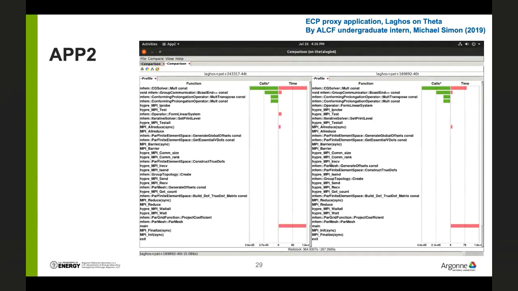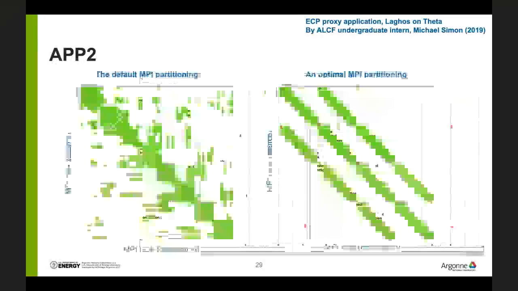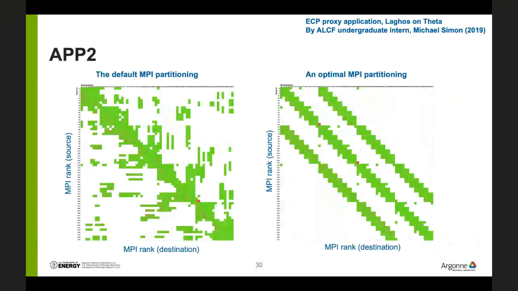So he did the -g mpi, and this is one of the results from -g mpi through Apprentice2. This chart shows the communication pattern between the MPI ranks. This is the destination, this is the source, and you see a lot of communication happening, shown with the colors. And this is the case with the problematic efficiency.